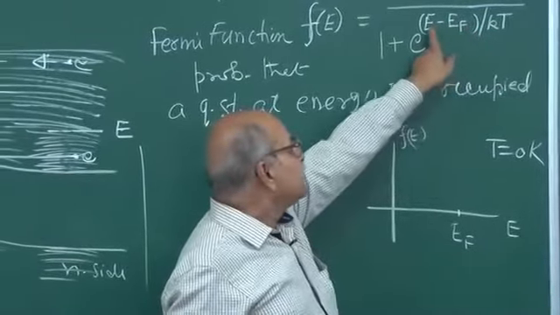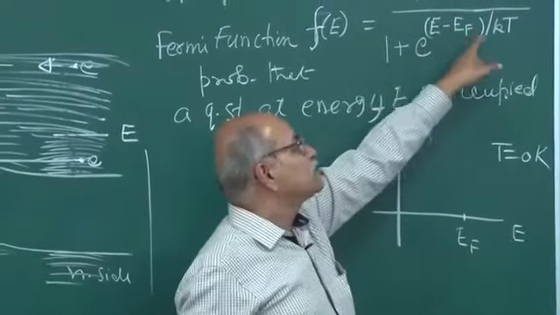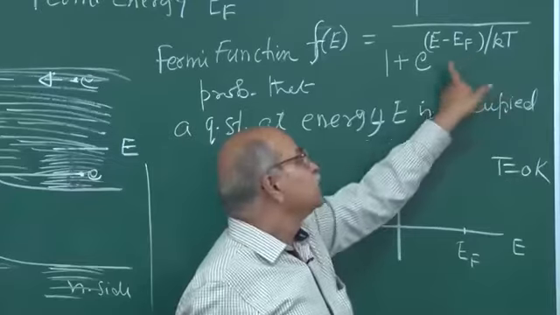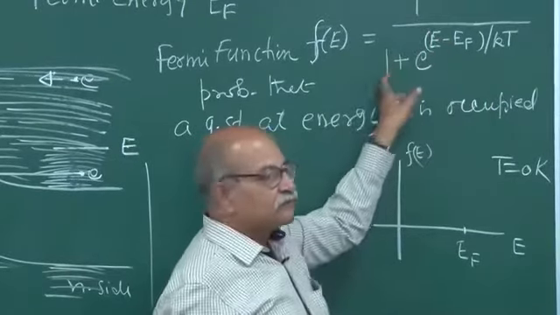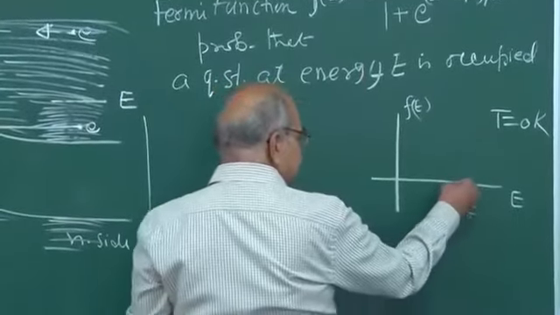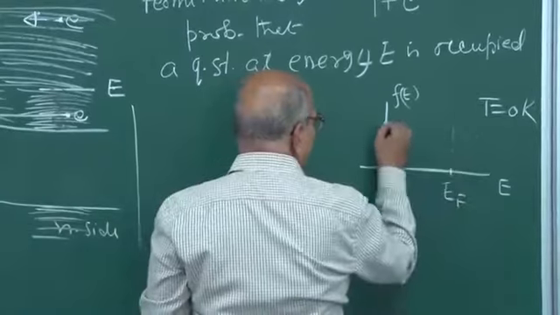And if E is less than EF, it will be e to the power minus infinity, and e to the power minus infinity is 0. So this function will be 1. So for all energies less than EF, this function will be 1.